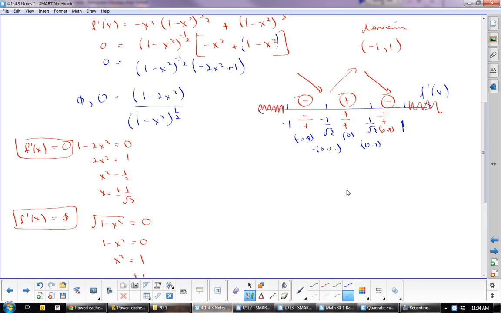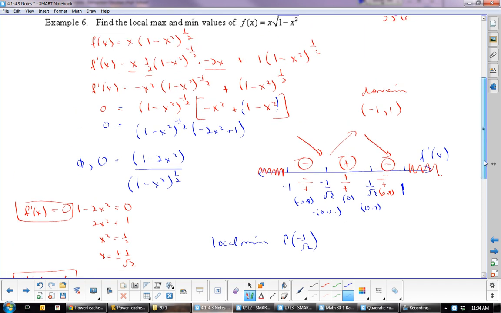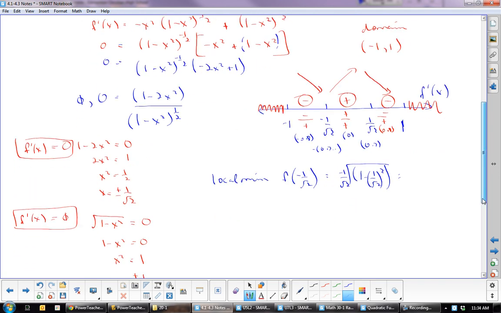Okay, so let's do the local min. Where do I have a local min? At f of -1 over root 2. So what would be the y value of that? You'd go -1 over root 2 times the square root of 1 minus 1 over root 2 squared. Just to speed things up because it's a short day, you'll get the answer -1/2.